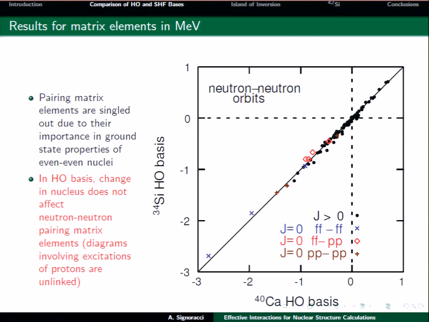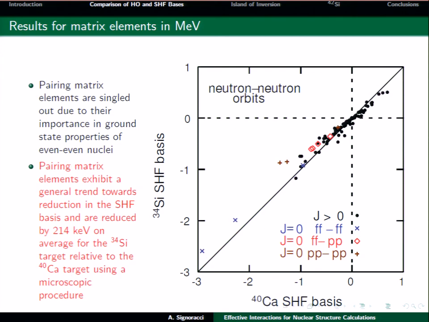However, when I do the renormalization procedure, but this time in the realistic Skyrme-Hartree-Fock basis, you see here that for silicon-34 as the target, the matrix elements are reduced from this line of equality.